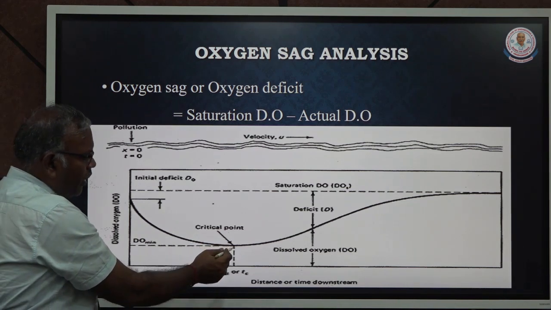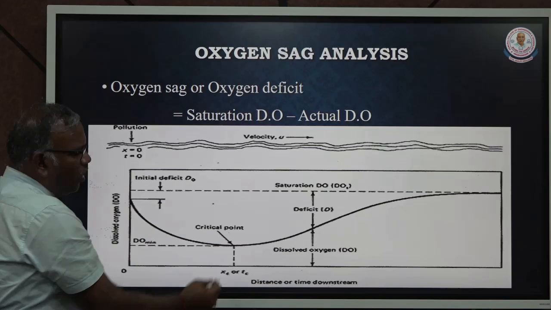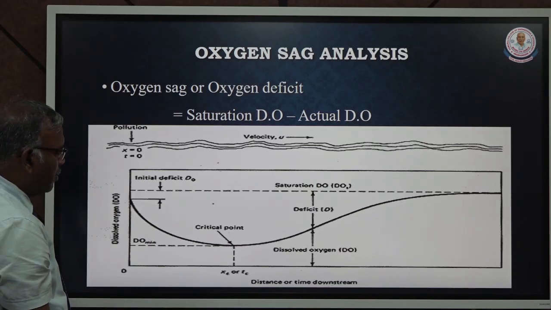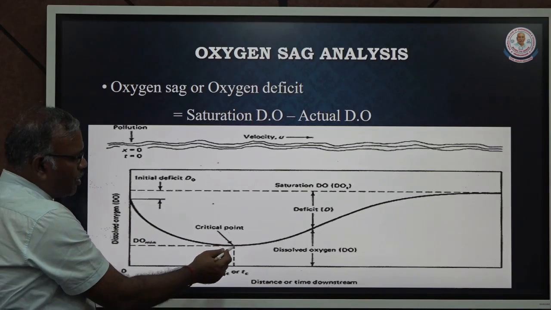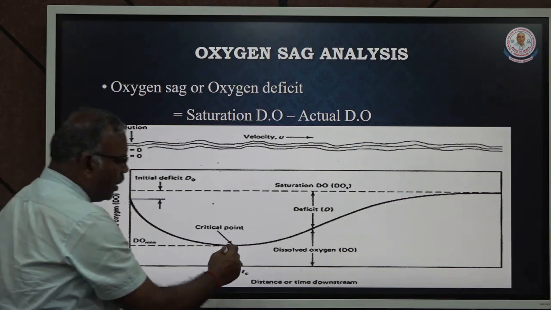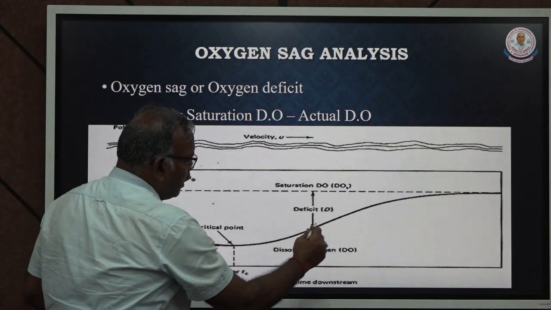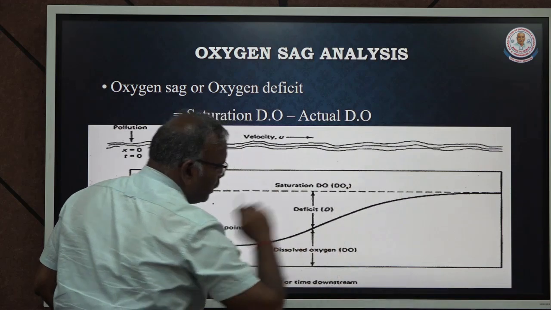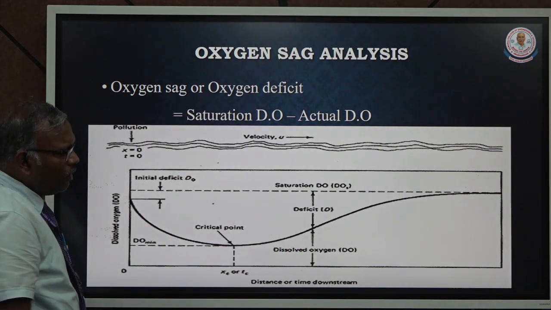It is a critical point where the oxygen will be depleted to less than 40% from the saturated level, then it will keep on increasing and reach the saturated level.